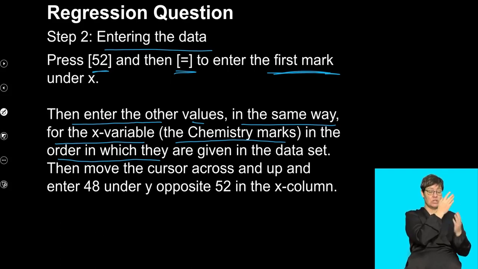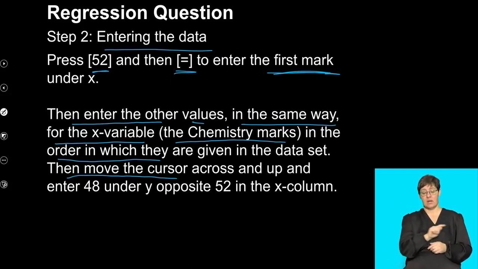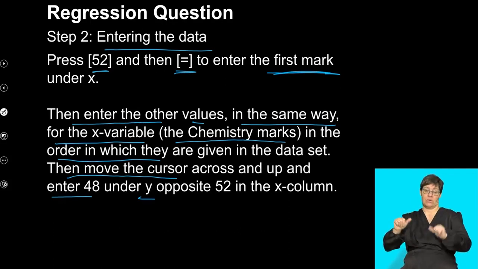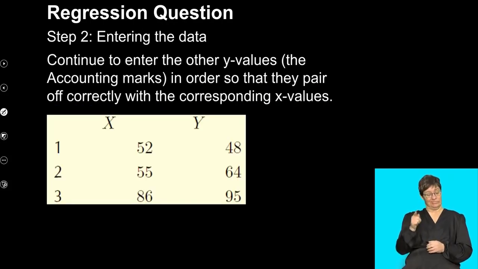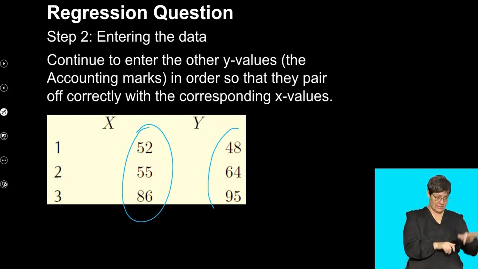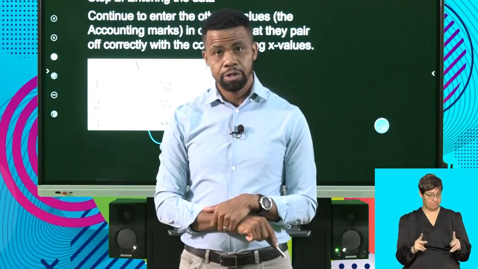The order must be exactly the same. You can't change that. Then move the cursor across, up, and enter 48 under Y, opposite 52 in the X column. Good. Then this is what you must see. So you have entered your X and your Y values. Are we together?